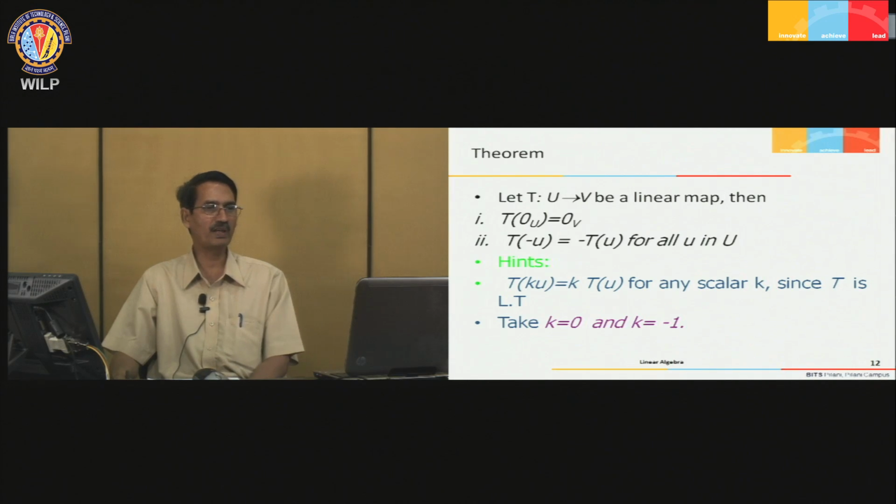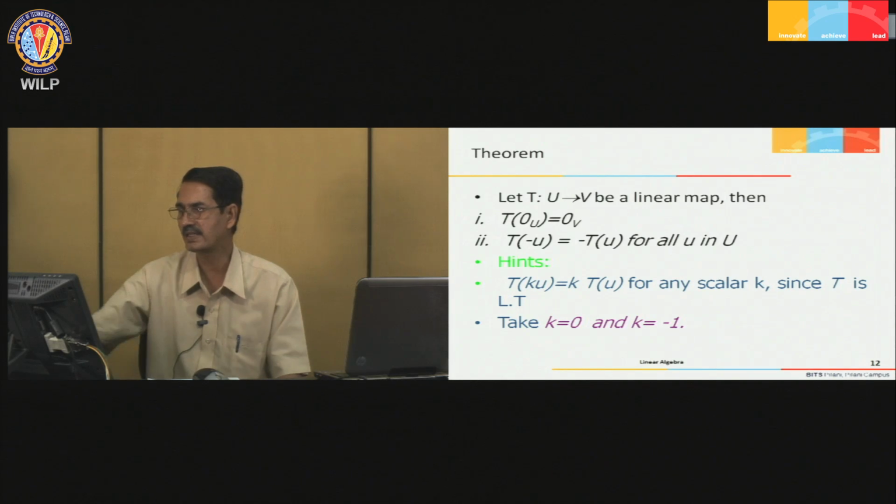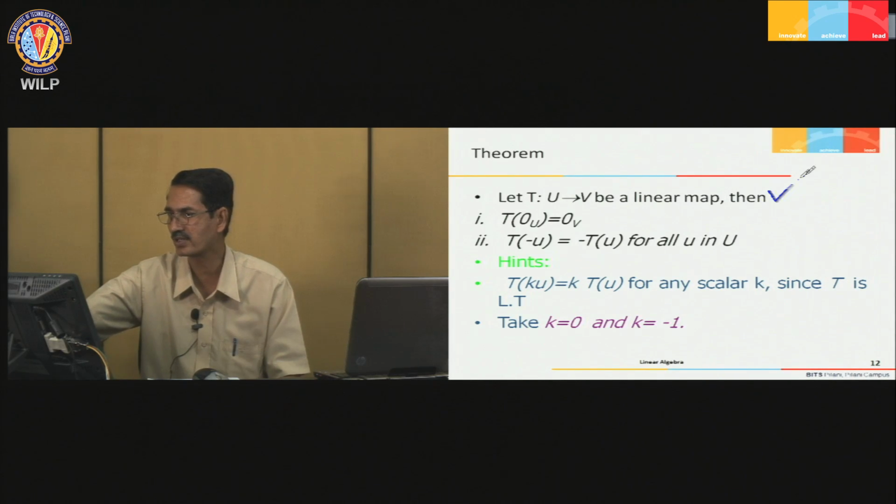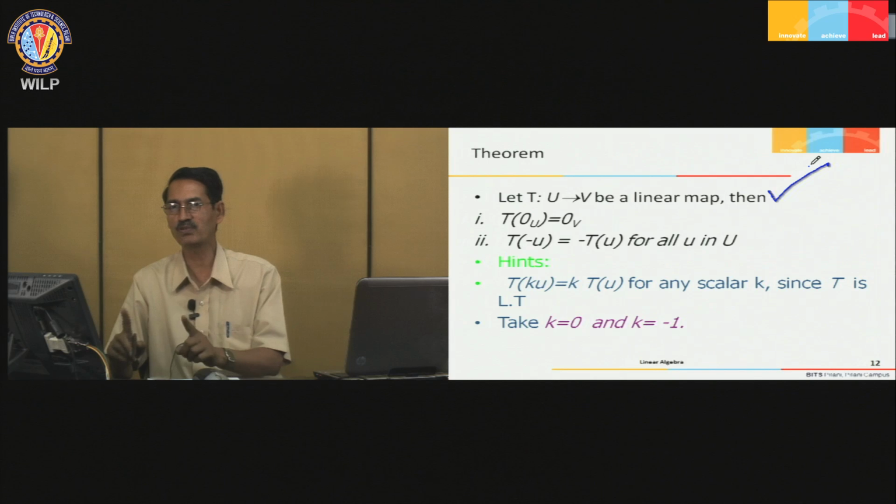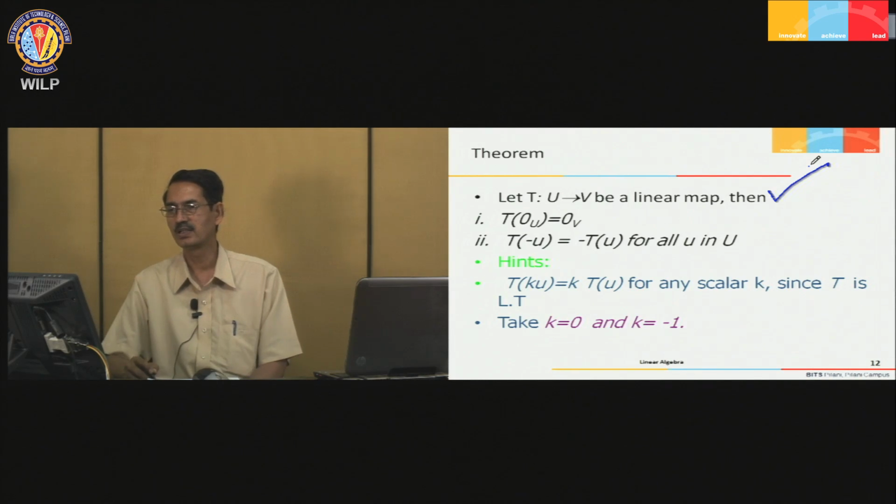See these two very important results: if T from U to V is a linear map or linear transformation, then T of 0_U must be equal to 0_V.